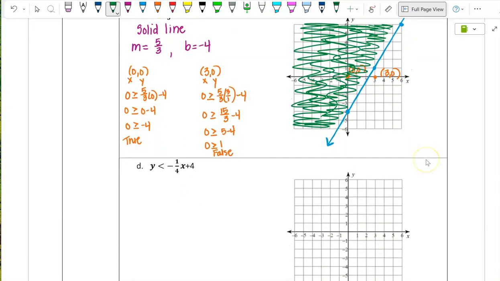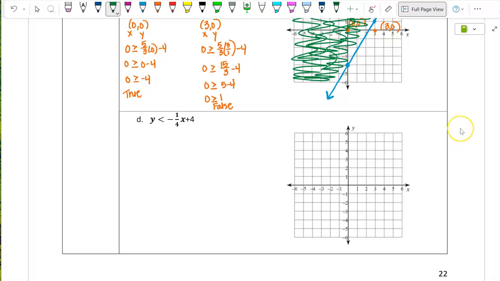All right, problem D, y is less than negative 1/4 x plus 4. Again, we are still in slope-intercept form. So if I look at my inequality symbol, that less than, is that going to be a solid line or a dashed line? Dashed line.